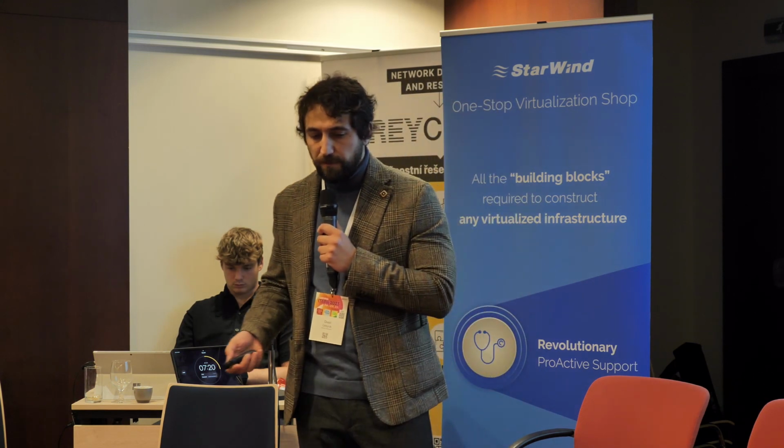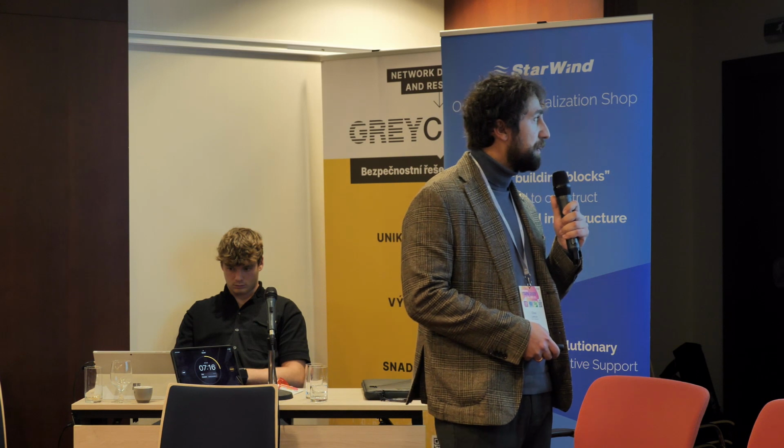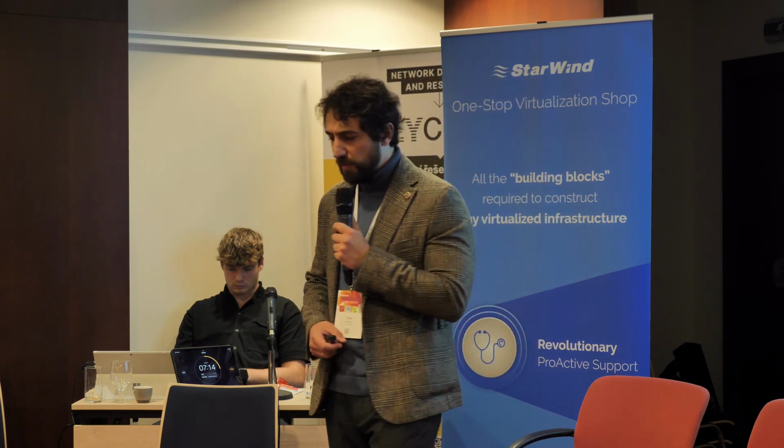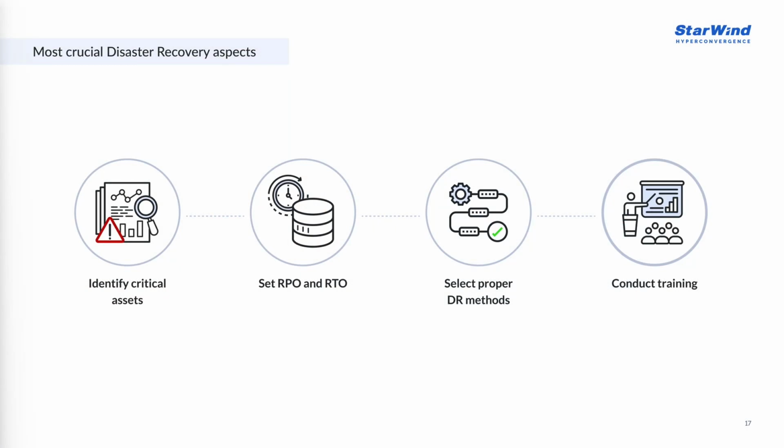And just to finalize, to make DR simple, what makes a really good DR plan without going into all the hassles: it's understanding the critical assets, because it helps us pick the proper DR method and save budget on this. Understand RPO and RTO, because again, you might not need a solution that delivers a 5-second recovery time objective.